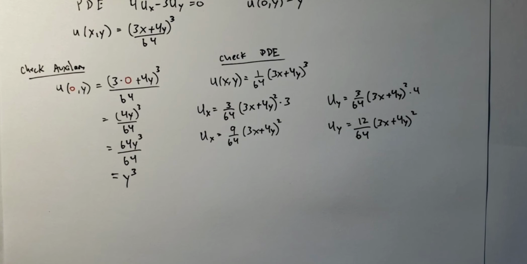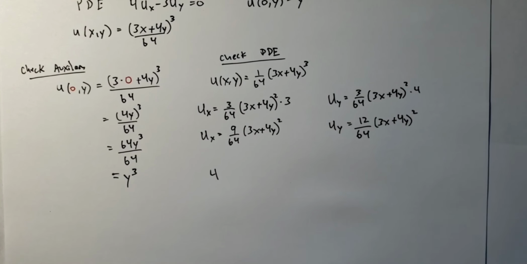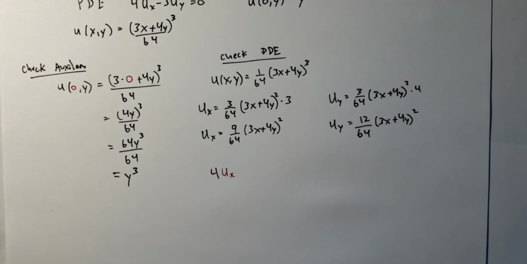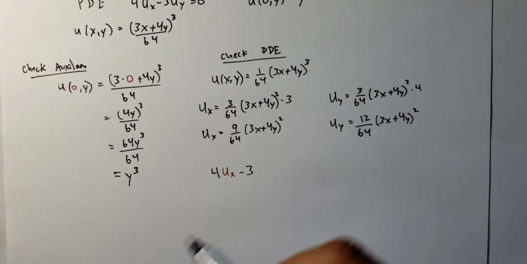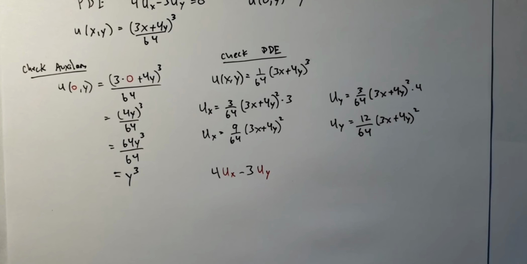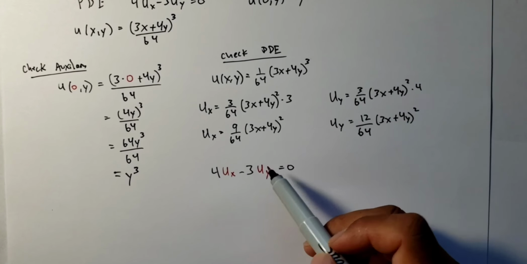Let's see, we would have 4 u sub x minus 3 u sub y. We're going to replace u sub x and u sub y. u sub x goes in here, u sub y goes in here.